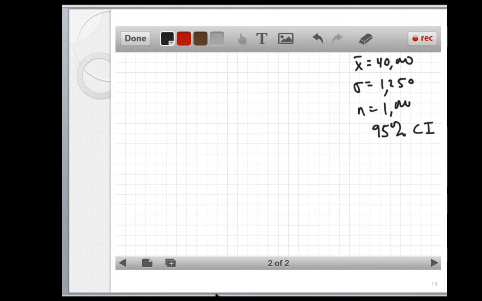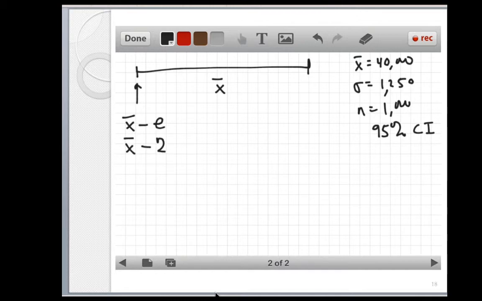So, if you picture this, we need the upper and lower bound, and the lower bound is simply x bar minus e, and remember x bar minus e is the same thing as x bar minus z times the standard error.